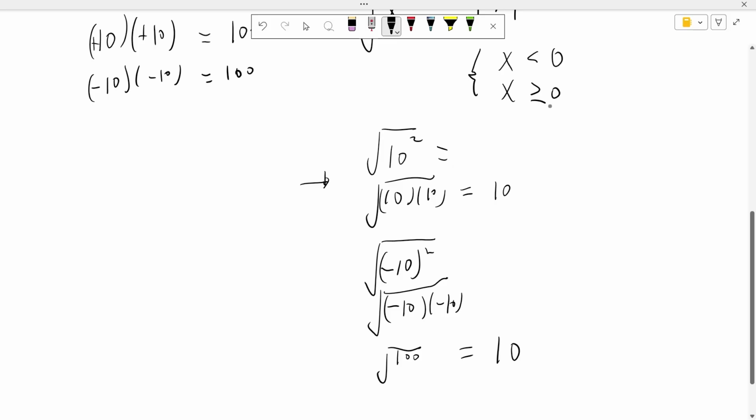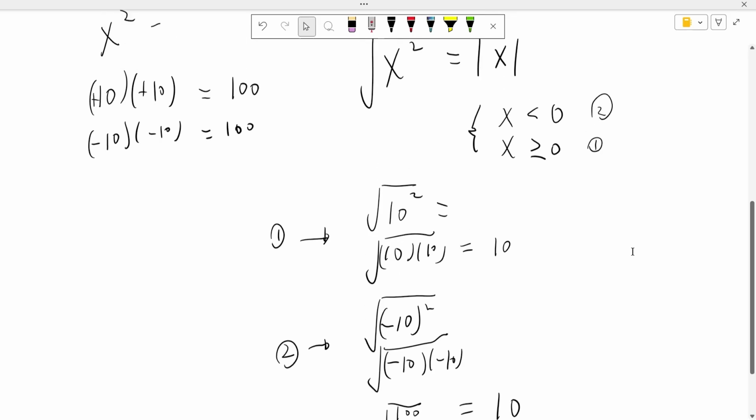So this represents case 1, and this represents case 2. You get the same answer whether you used a positive number or a negative number.